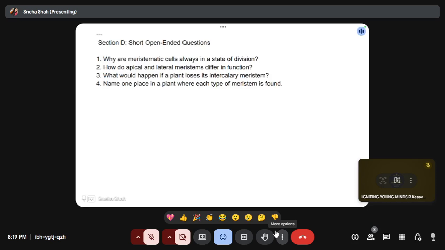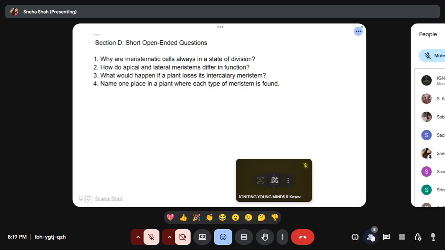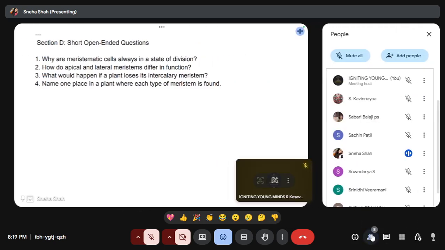Then intercalary meristem is found in the nodes of leaves. And lateral meristem in the sides of the plant stem. All right.